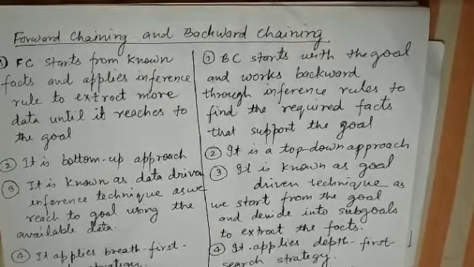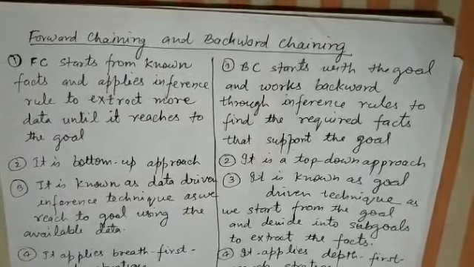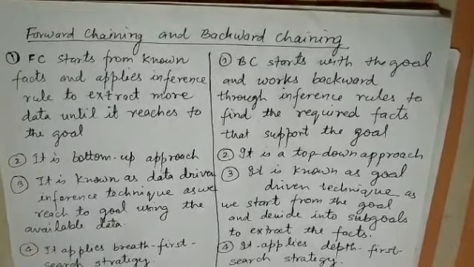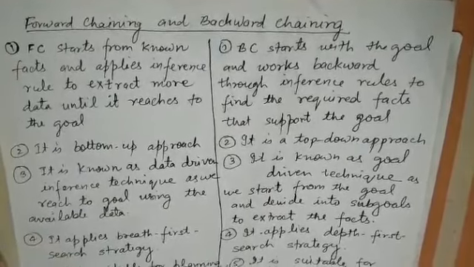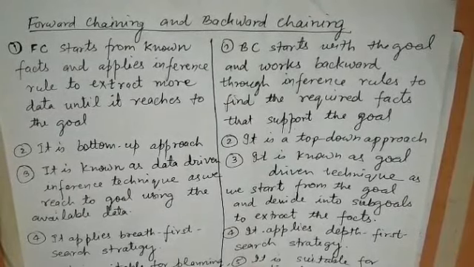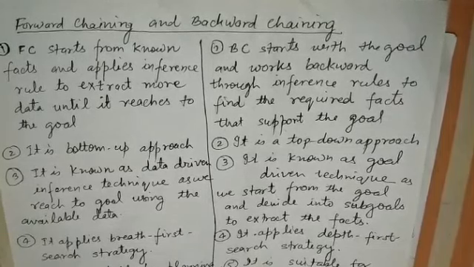So basically forward chaining and backward chaining are used in order to prove a particular conclusion or a particular statement based on given facts. So the facts and data will be given, and we have to prove a given goal.